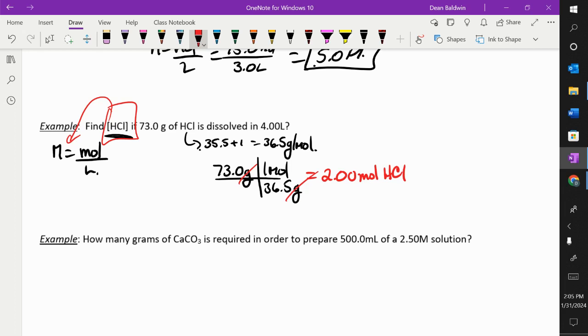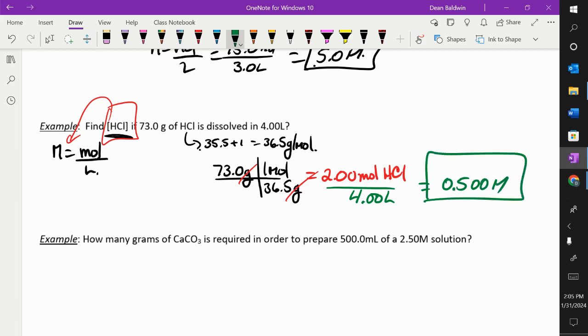So if I have 2 moles and I have 4 liters, that's going to give me 0.500 molar. Does that make sense? People remember doing this from Chem 11?